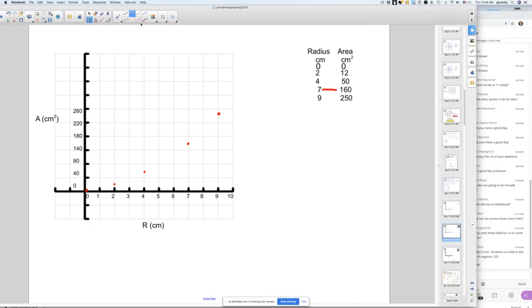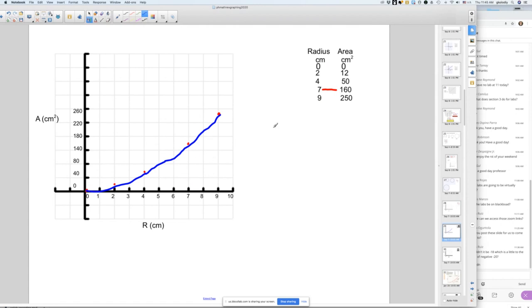So these appear classically to be what we're talking about, not a straight line graph. Let's see how good I can do this.